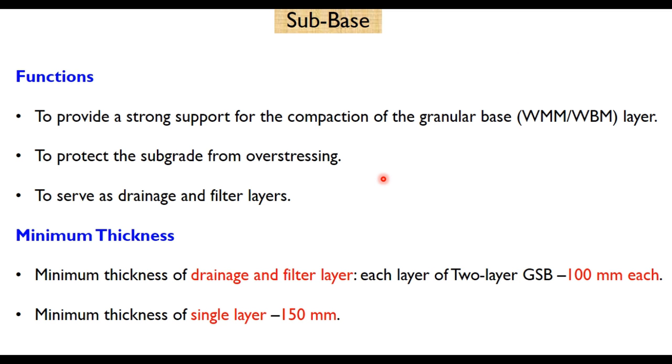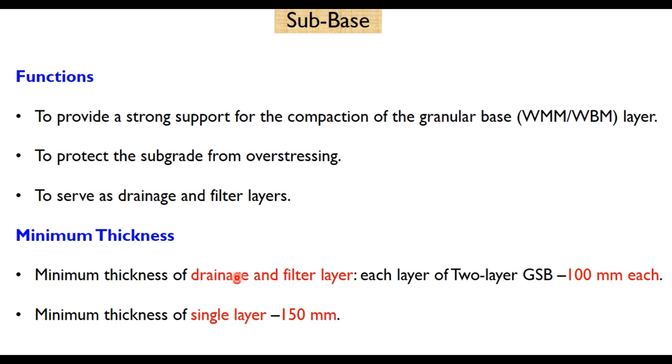After subgrade, we prepare the subbase. The functions of the subbase, as you all know, are to provide strong support for the compaction of the granular base, to protect the subgrade from overstressing, and it also serves as drainage and filter layers.